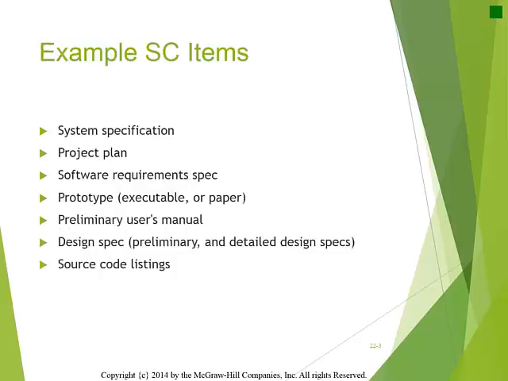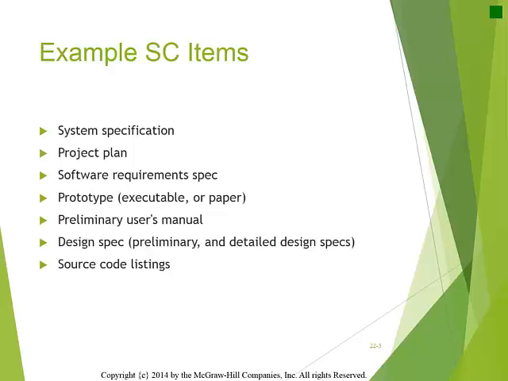There are a number of factors that determine whether or not an item should be placed under configuration management. Some of those factors are the project methodology, the size of the project, and the size of the team developing the project.